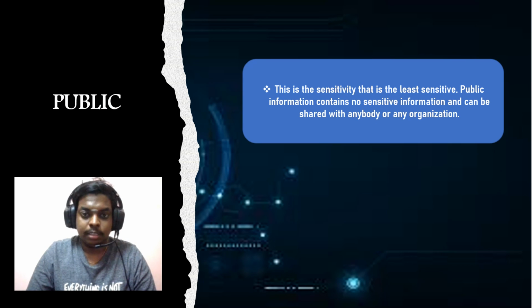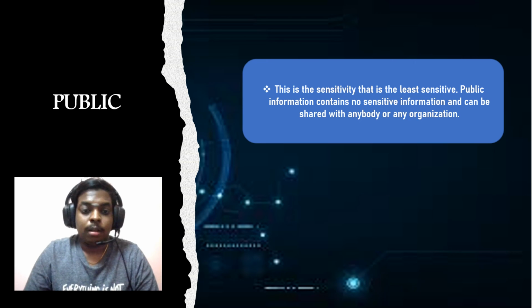The last level is public. This is the least sensitive. This information contains no sensitive information and can be shared with anybody or any organization. This type of information is publicly available to the general population. It is free to use, reuse, and redistribute without fear of retribution.